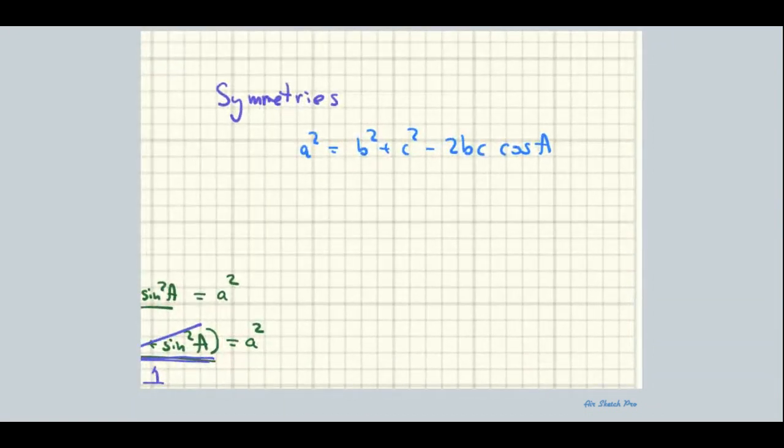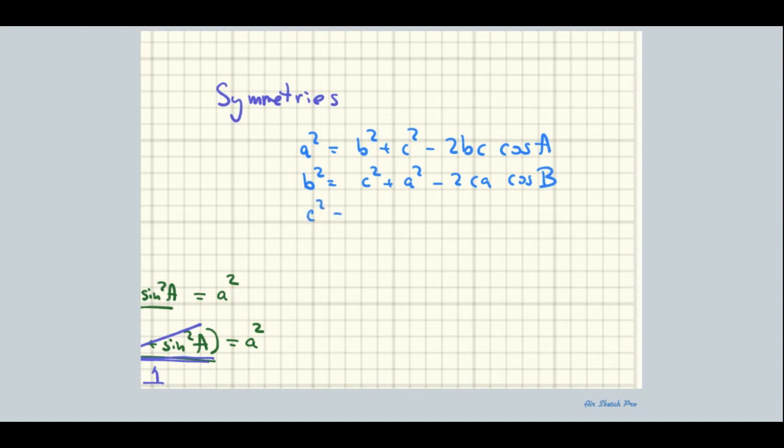And there's a clever way to find the symmetric forms. Replace a with b, b with c, c with a, and you'll get the other forms. This works when you have three things that you want to swap around for symmetries. And that means I get the symmetric form b squared equals, b goes to c goes to a.